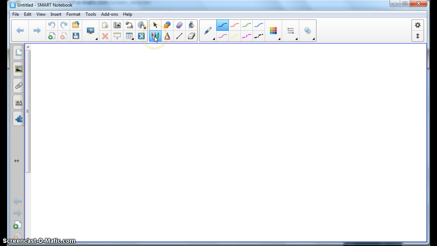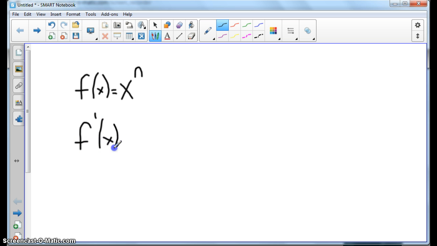So, as we know, when we have a function, let's say x to the n, we know that the derivative of that function is going to bring the n down as a coefficient in front of the x.